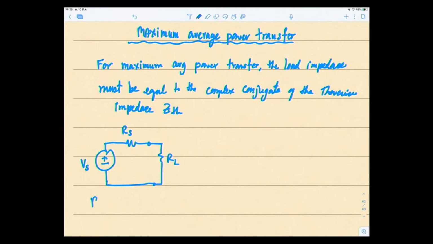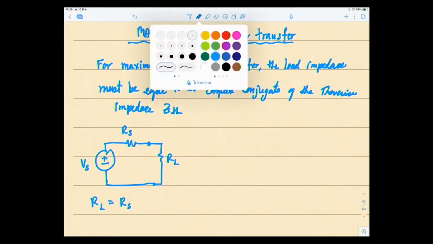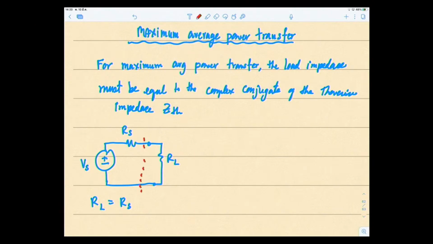To have maximum power transfer to RL, your value of RL must be equal to the internal resistance of the source, which is RS. And I recommended that if you have such questions, you think of Thevenin theorem, because Thevenin reduces your circuit to this form, like VTH and RTH. So we would use Thevenin.